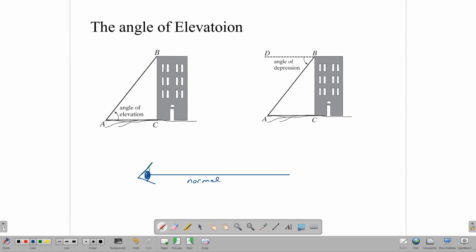Now sometimes we may need to look at something above or below, and usually we turn our heads, or sometimes we rotate our eyes, and in doing that we create angles.